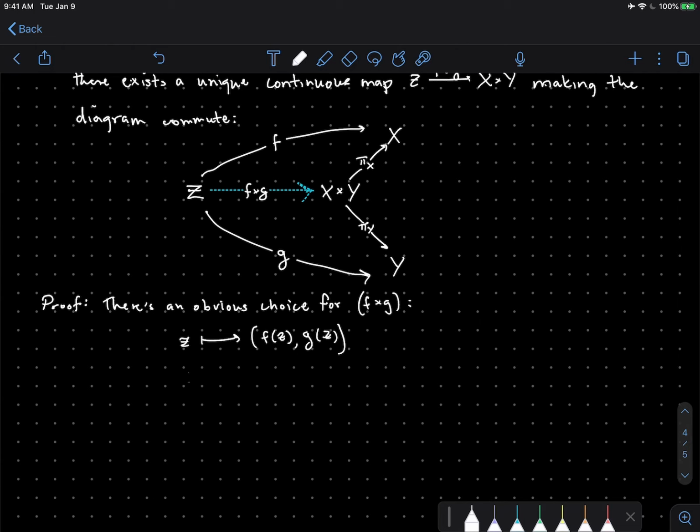And in fact, if this map really is continuous, then it is the unique such map. Actually, that's very poorly phrased logic. So this is the obvious choice. Let's first show that this is continuous.